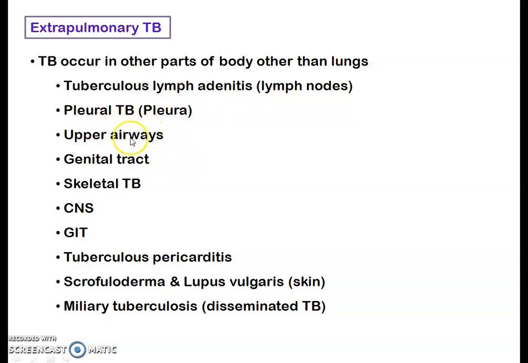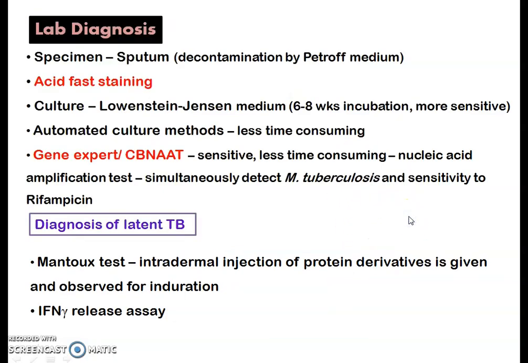TB may also occur in the upper airways, genital tract, skeleton, central nervous system, and gastrointestinal tract. Tuberculous pericarditis occurs in the pericardium, scrofuloderma and lupus vulgaris affect the skin, and miliary tuberculosis is disseminated TB. These are the different kinds of extrapulmonary TB.